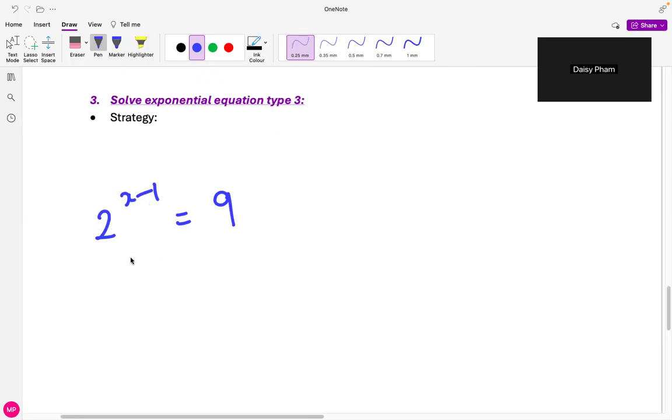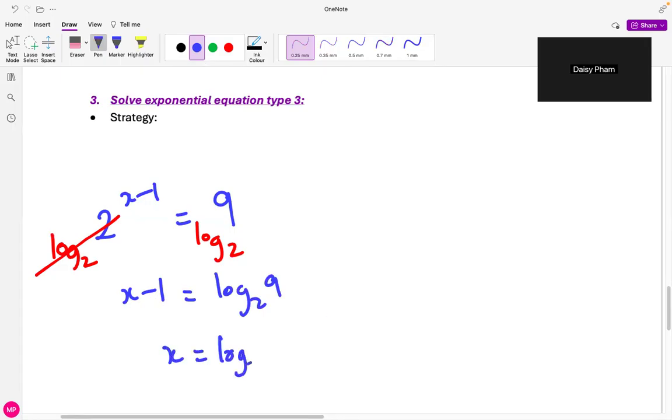So in this case we're going to convert to log. We need to get rid of 2, so we're going to take log base 2 on both sides. So log 2 of 2 will go away themselves. So you have x minus 1 equals log 2 of 9. Then you just move the plus 1 over. So log 2 of 9 and then plus 1. So simple like that.